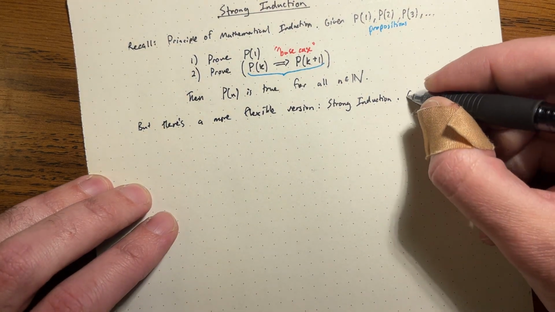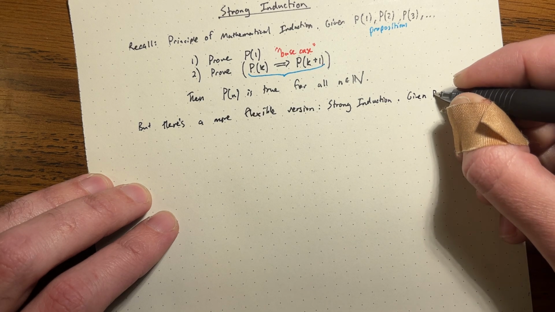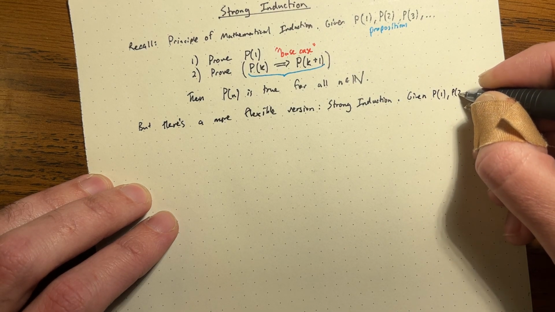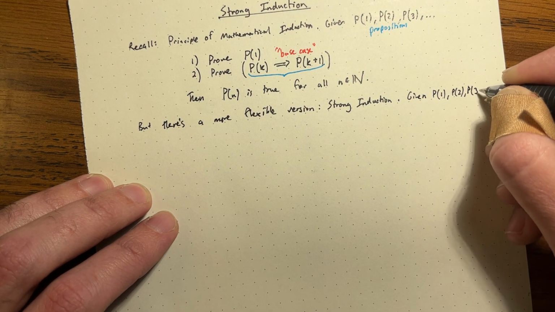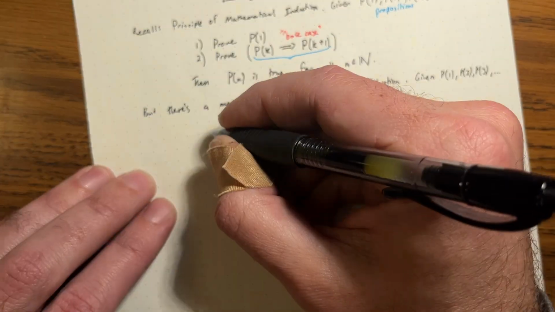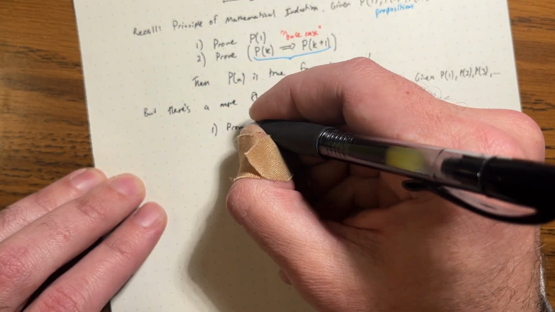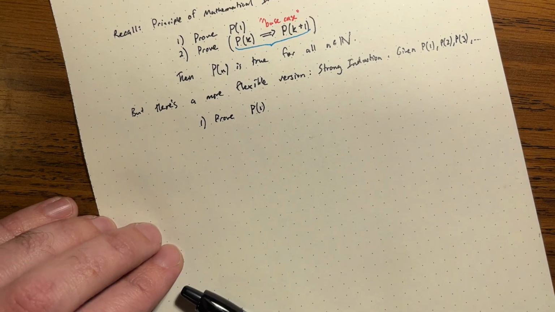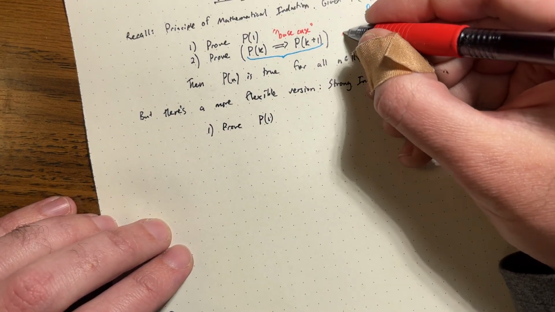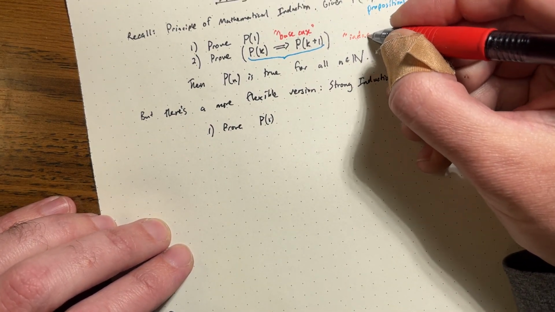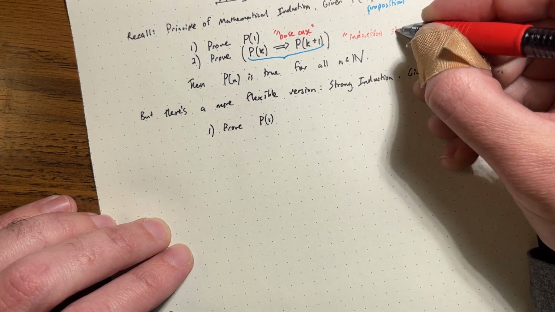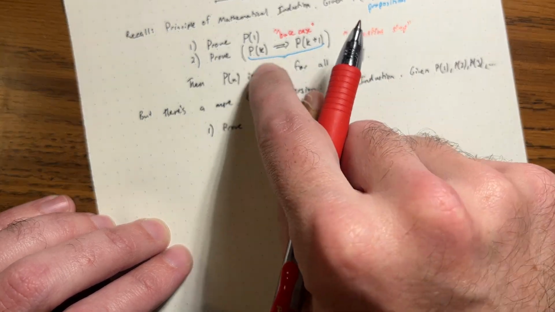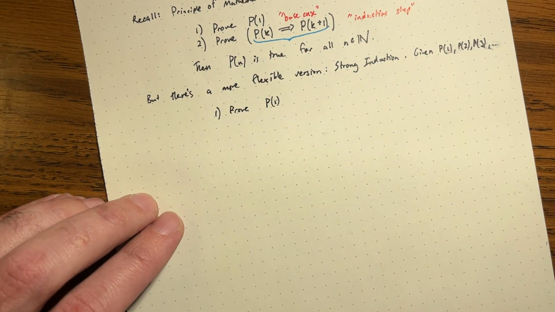So again, you're given statements, propositions, P1, P2, and you start out the same way. So you prove the first statement in line. Prove P of 1. I didn't write the name for this second step. It's called the inductive step. So people talk about the inductive step. That's where you're assuming P of k is true and you're proving the next one.